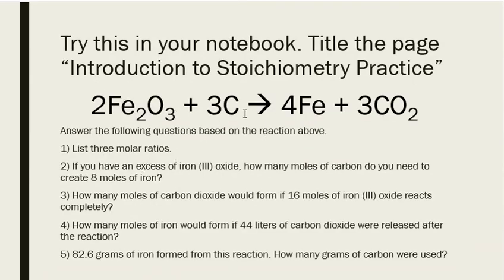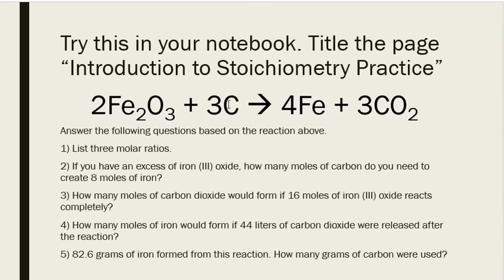So you need to try this in your notebook. Title the page Introduction to Stoichiometry Practice. And you should copy down this reaction. I want you to notice how this reaction is balanced. How many atoms of iron are on the reactant side? Does it match the number of atoms of iron on the products? What about carbon?